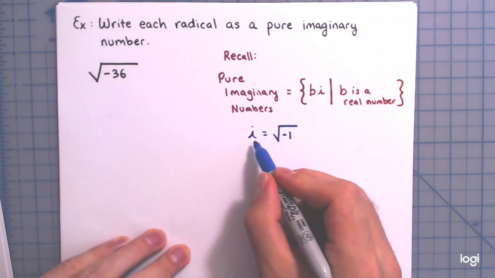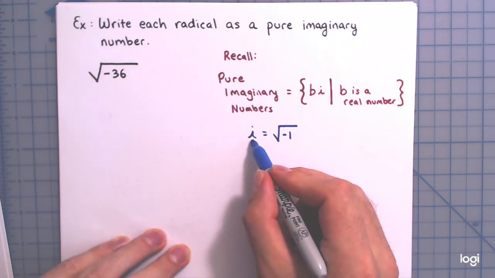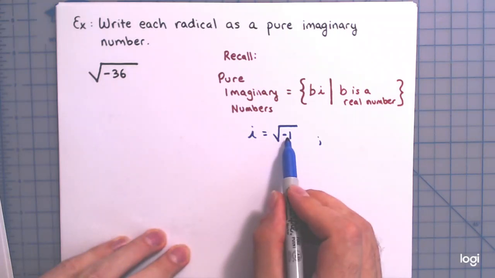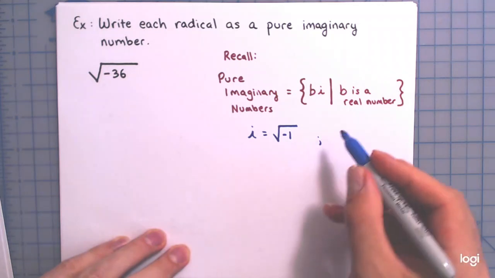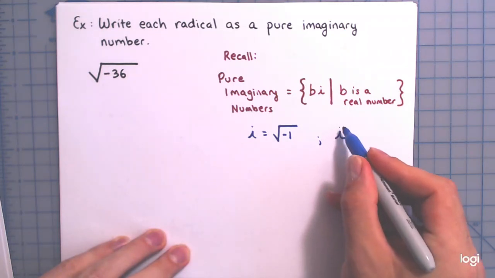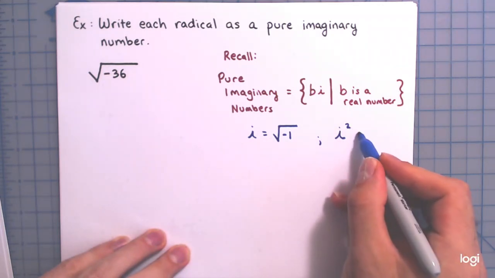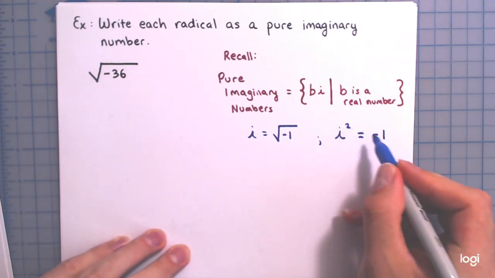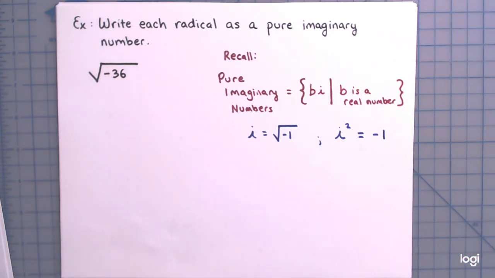The imaginary unit i, being the principal square root of -1, means that this is a number that when squared, i to the second power, gives you a negative number. i squared would be the negative number, -1.